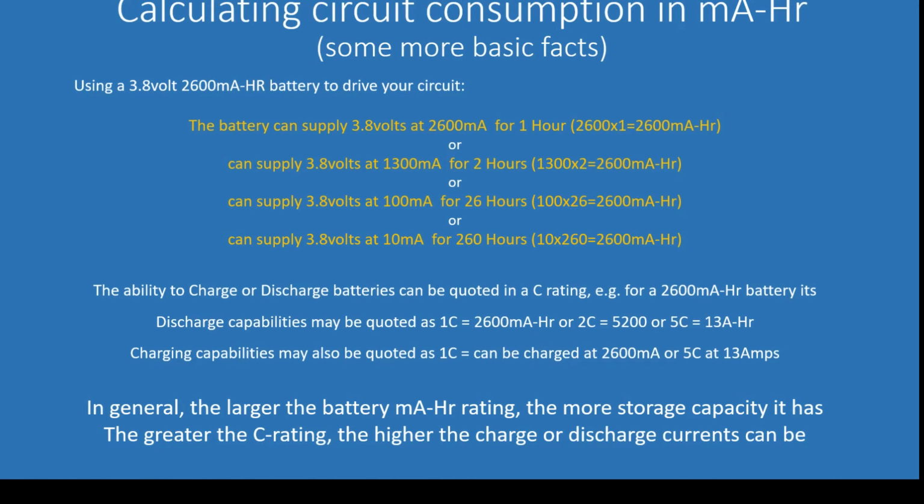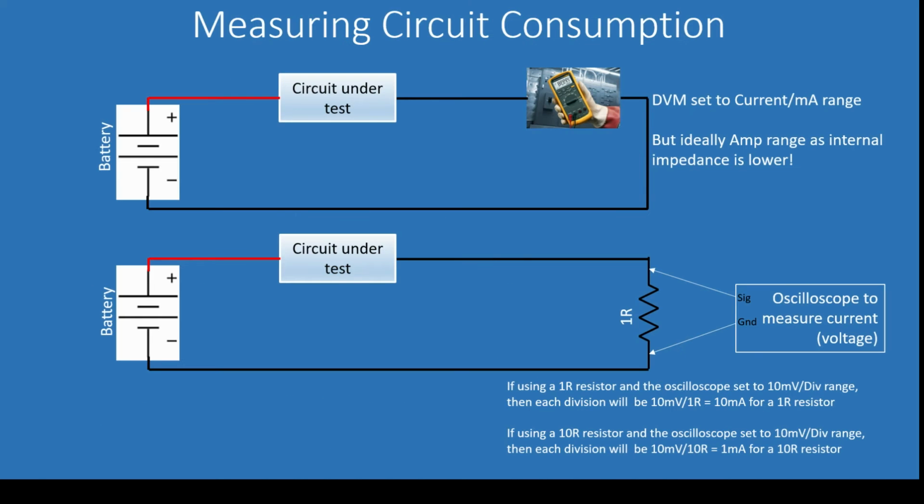So a 5C battery can discharge current at 13 amps in my example, whereas a 1C battery for discharge could only supply 2.6 amps.